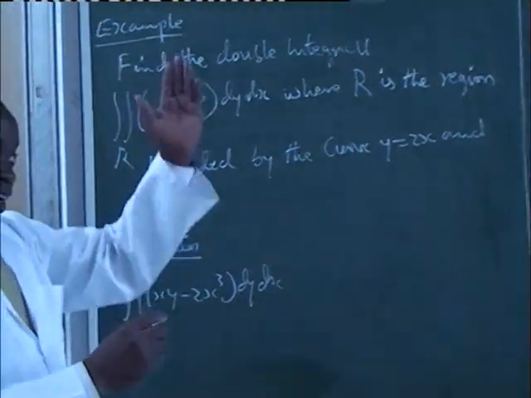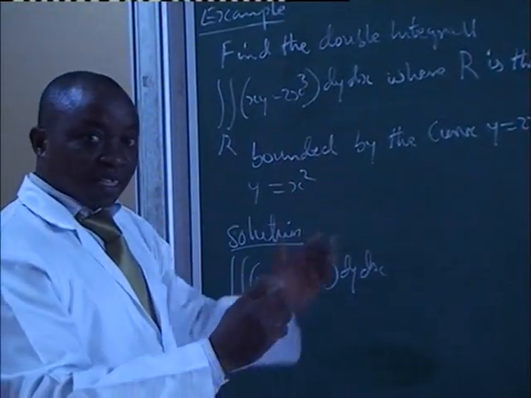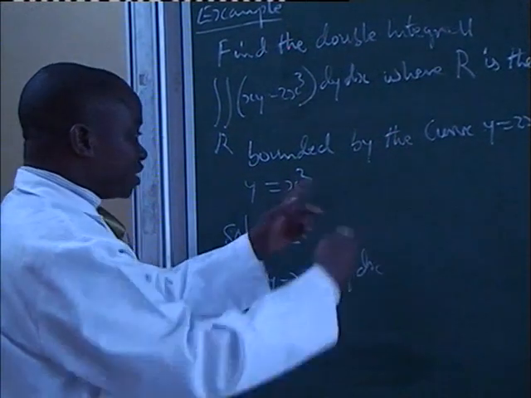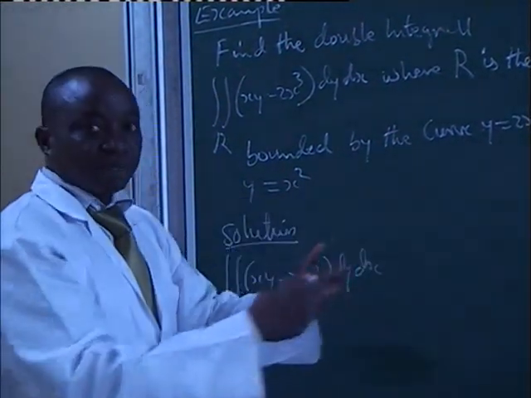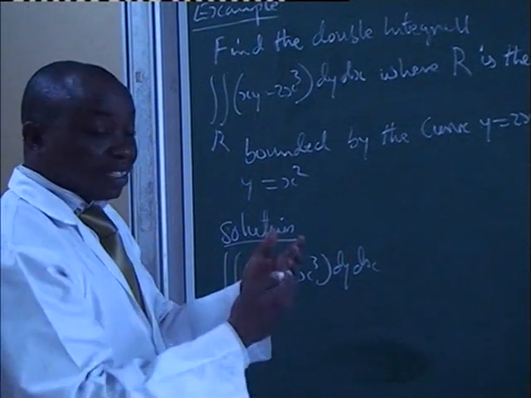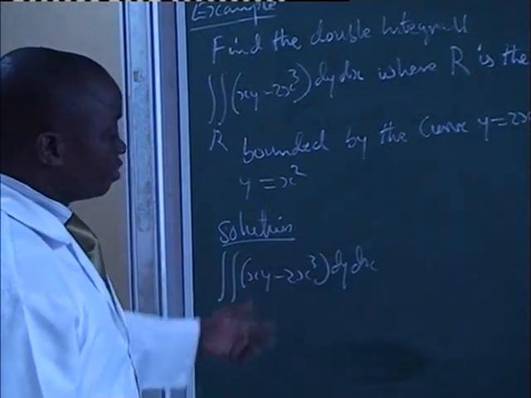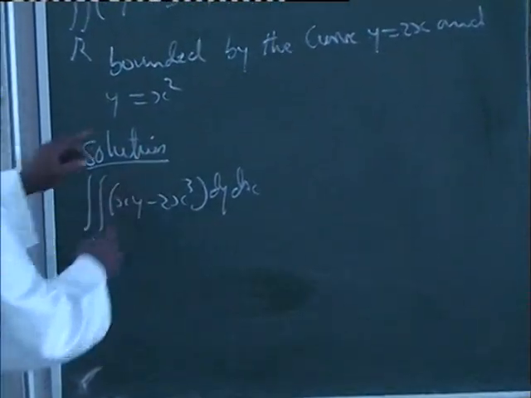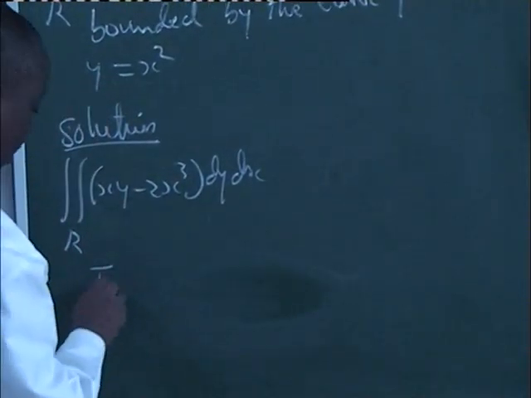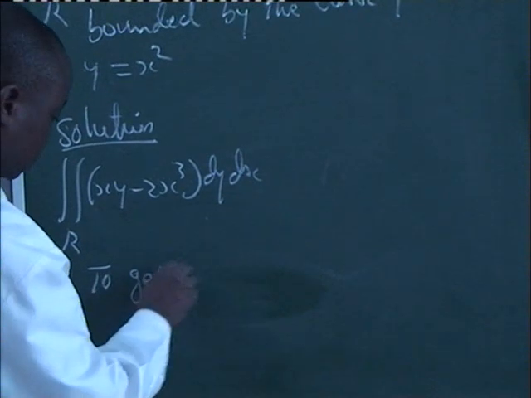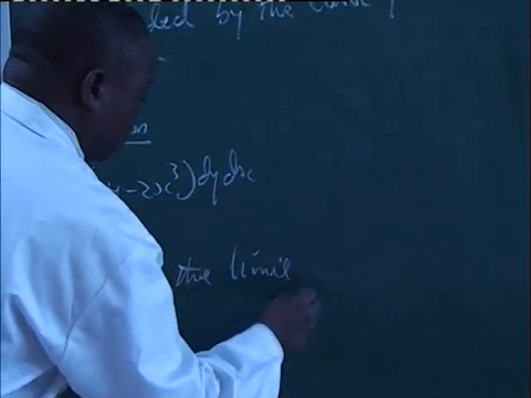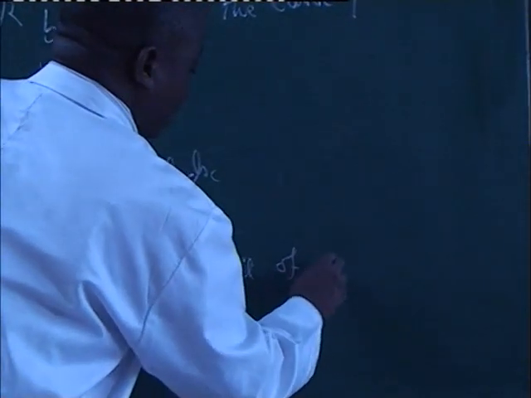So for us to find the lines x equals A and x equals B, we have to equate these and solve simultaneously so we can get the limit of x. It's very simple.